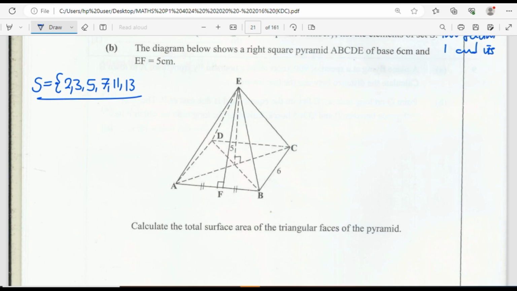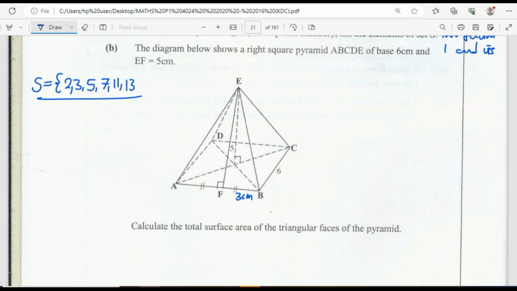Okay, so we have been given that from here up to here is 6 centimeters. So from F to B is 3 centimeters, because it's just half of that. So we have the base. Now if we have the base, we need this height FE.